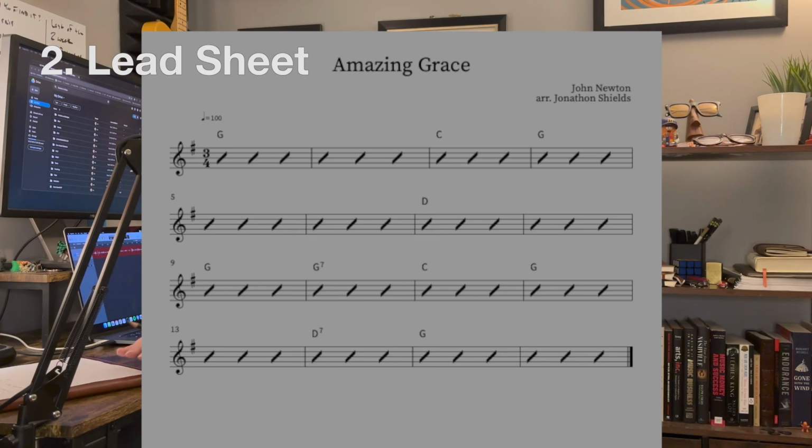Now, the third type of chart here is what I would call a specific part chart. And there are specific situations where you will run into this. It's if you're playing in a musical, if you're playing solo guitar, and if you're playing duets or anything.